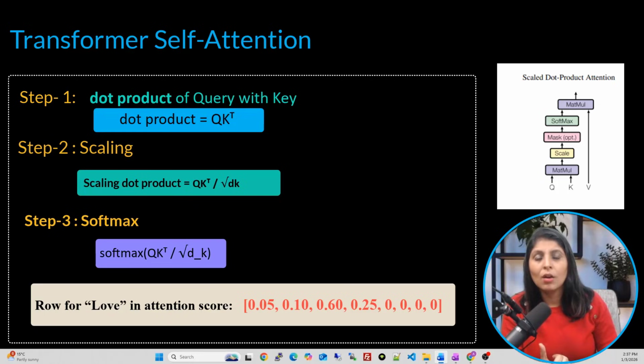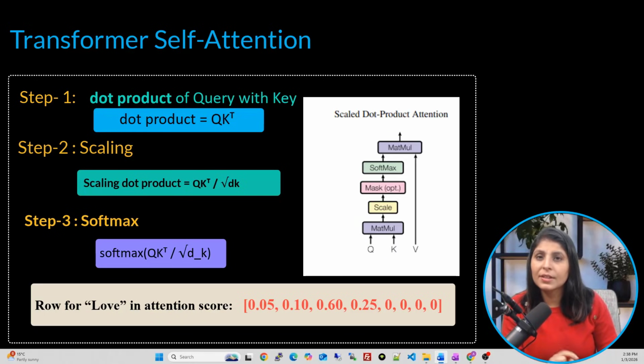That's why we have 8 values in one row, and if you sum these 8 values you will get 1. This is the part we want to do, and for that we used softmax. Guys, see these attention weights over here. The word is giving maximum attention to the third word because that word has the highest value.